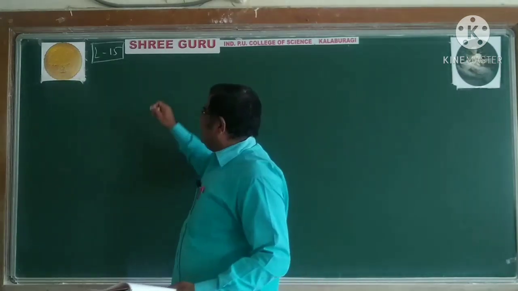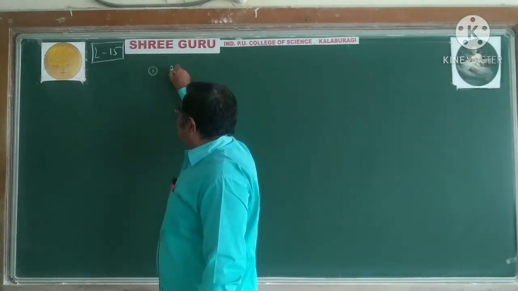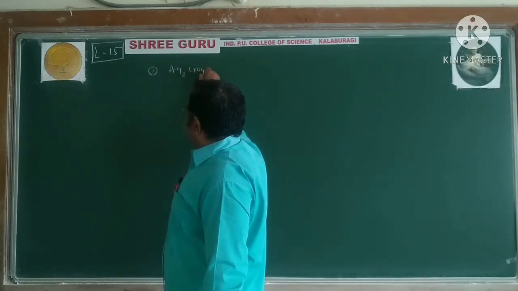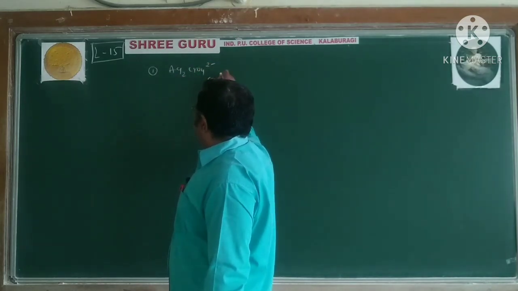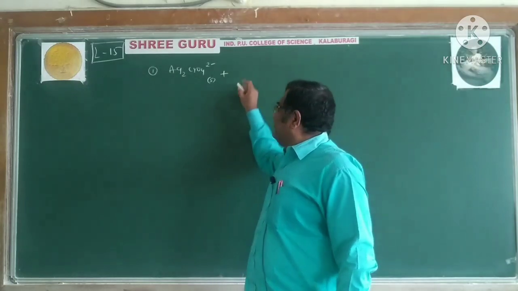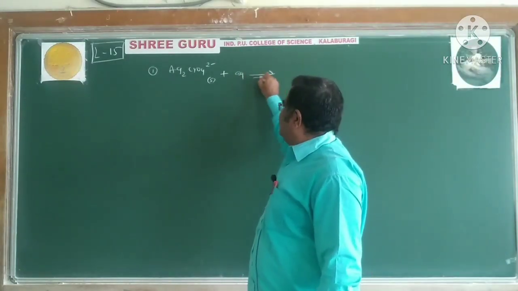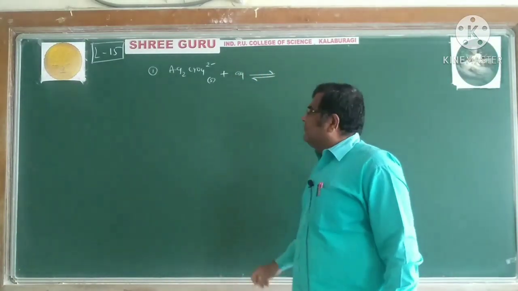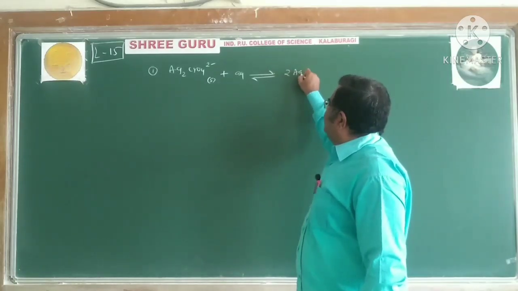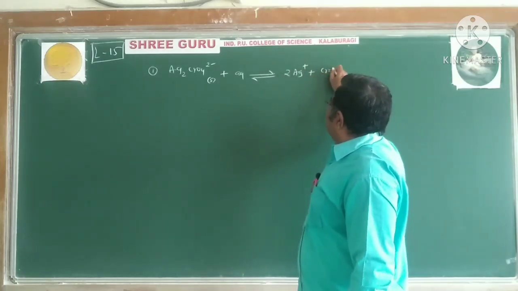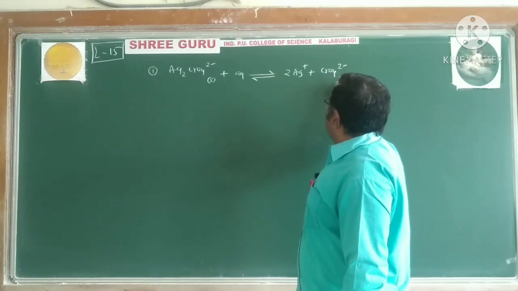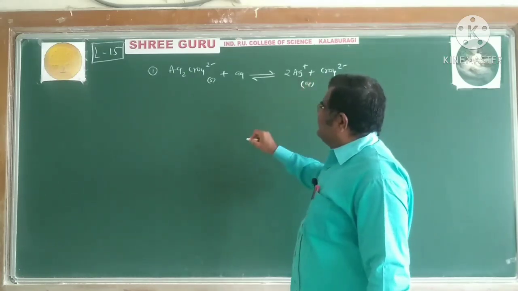So first we will start with silver chromate, Ag2CrO4 in solid state plus water, and we get 2Ag+ plus CrO4 2- in aqueous state.